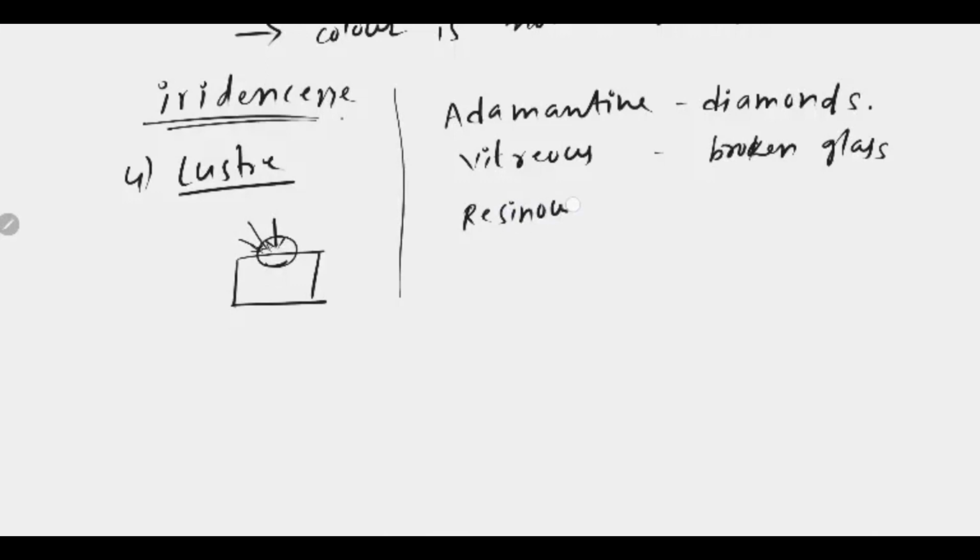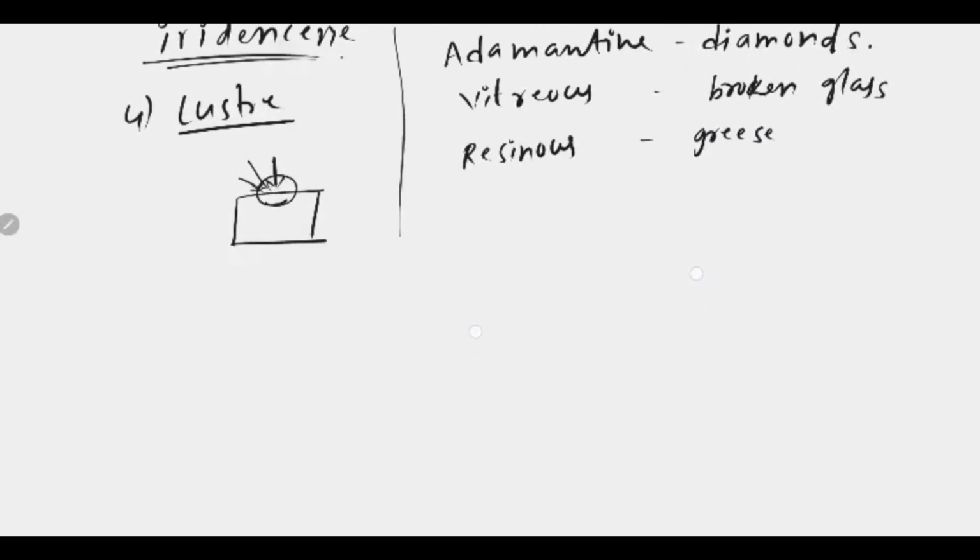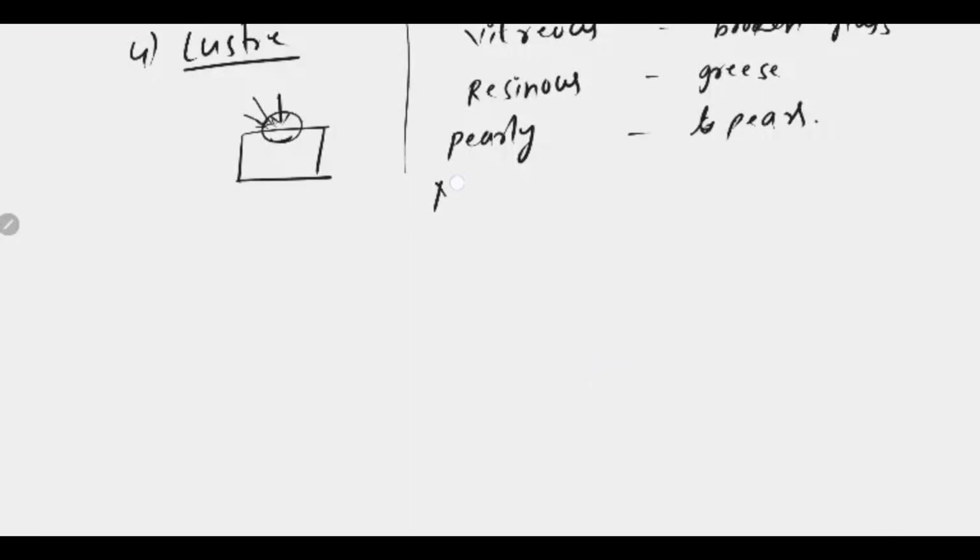Resinous. Resinous means when the mineral has a luster like grease. Grease-like luster is called resinous. Pearly. When the mineral has a luster like pearls. Next, metallic.